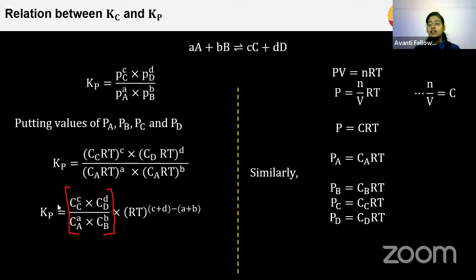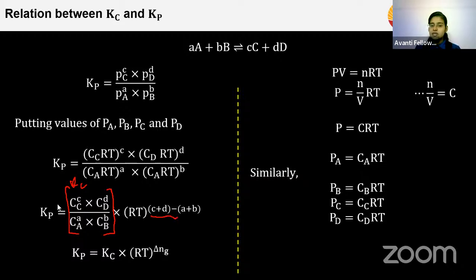It is the equilibrium constant in terms of molar concentration, right? So instead of those 4 substance concentration terms, I can write Kc. This is nothing but Kc, the equilibrium constant in terms of molar concentration.